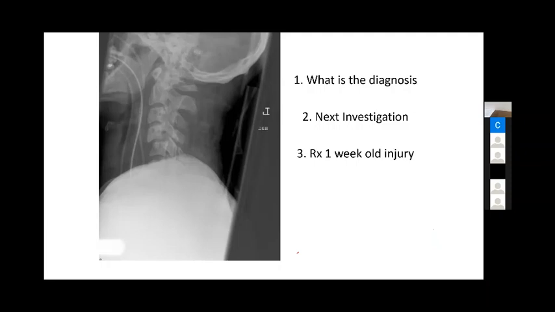So what is the more likely cause here? Is it degenerative listhesis or injury? What do you think? It is an injury, sir.